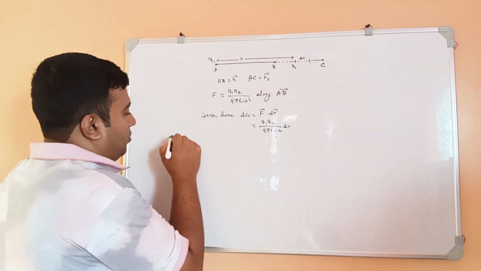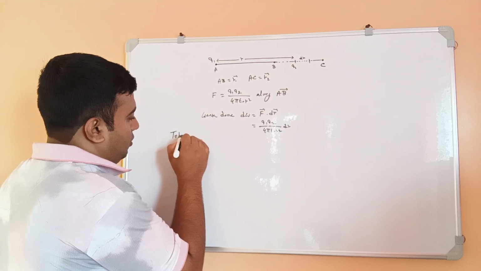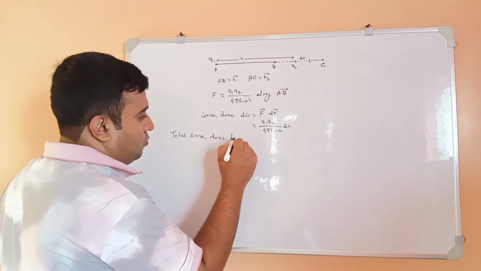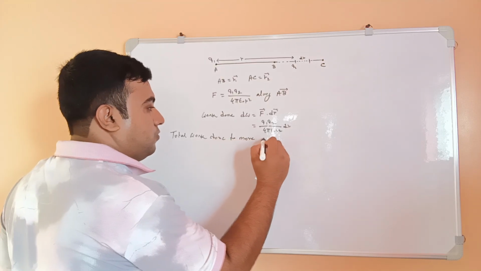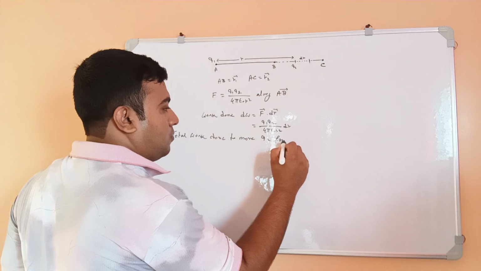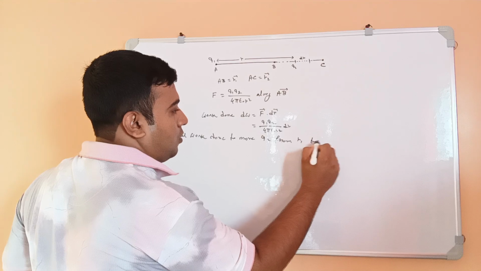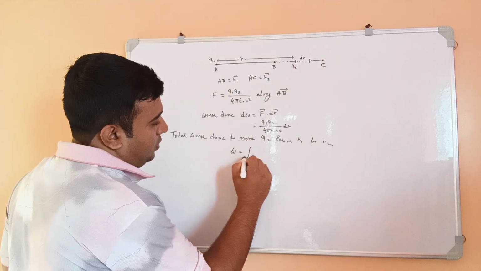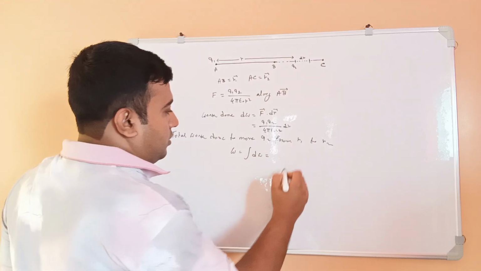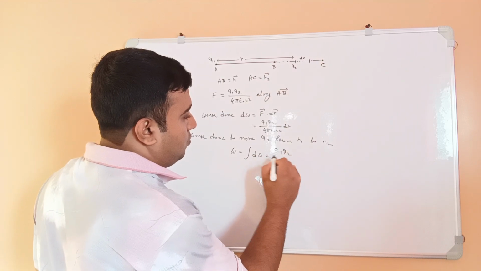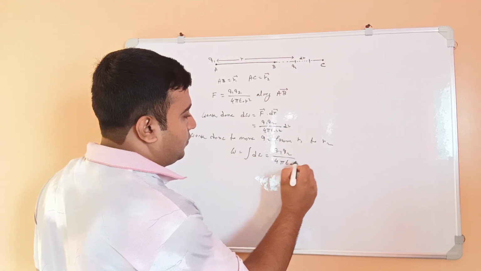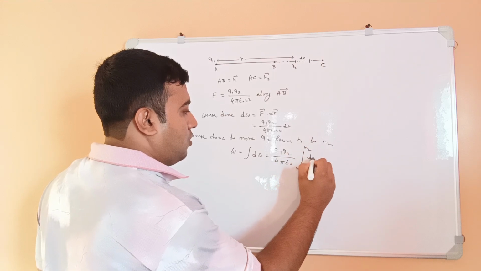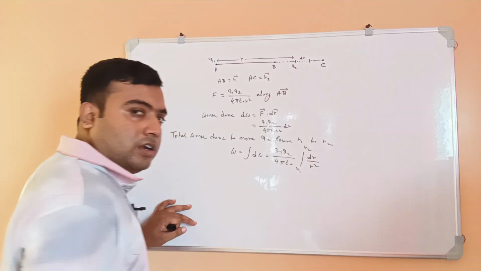So the total work done to move Q2 from R1 to R2 is W equals integration dW, that is Q1 Q2 by 4 pi epsilon naught times the integration from R1 to R2 of dr by R square.